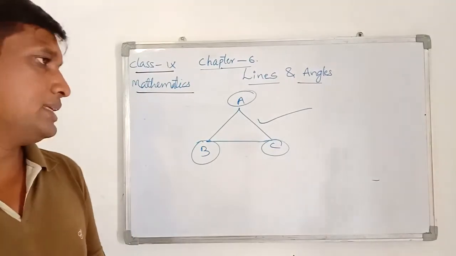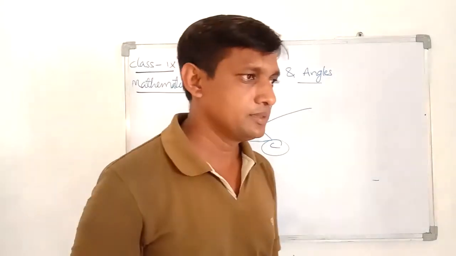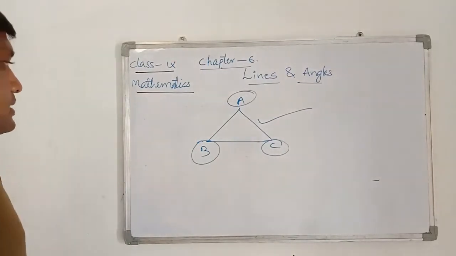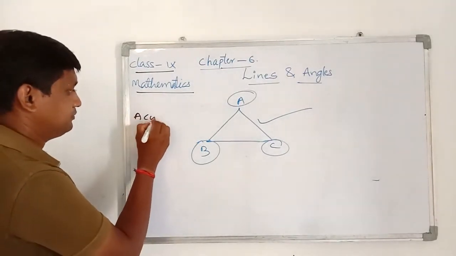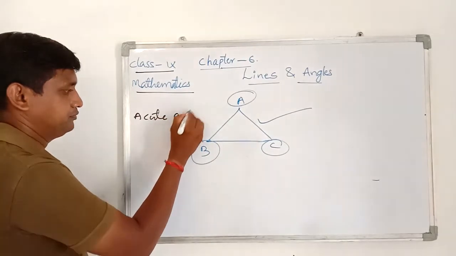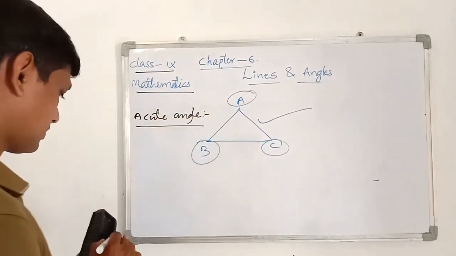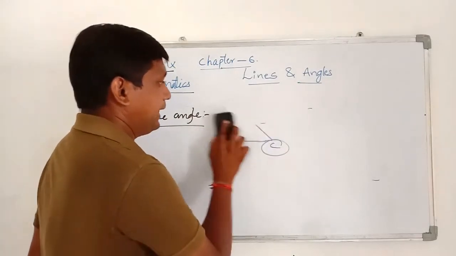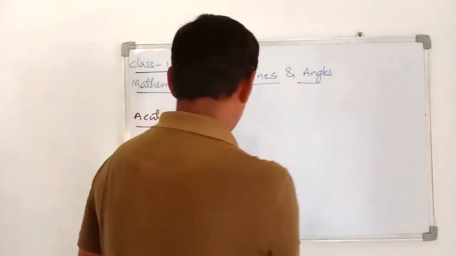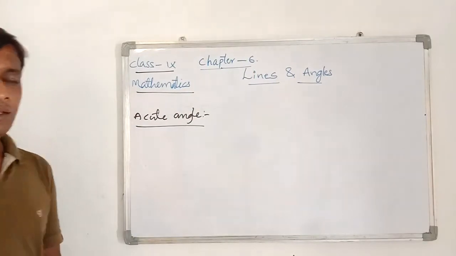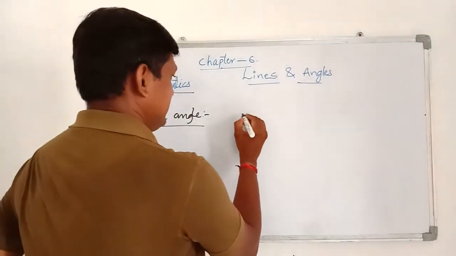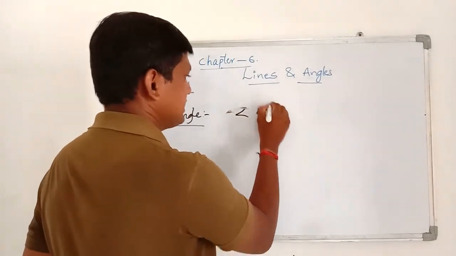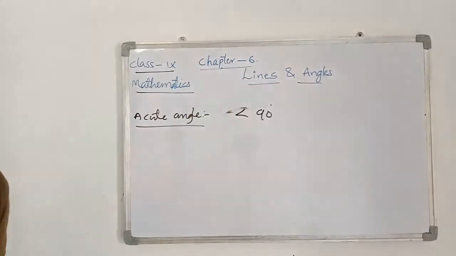The next topic is types of angles. There are different types of angles. The first one is acute angle. What is an acute angle? An angle whose measure is less than 90 degrees is called an acute angle.